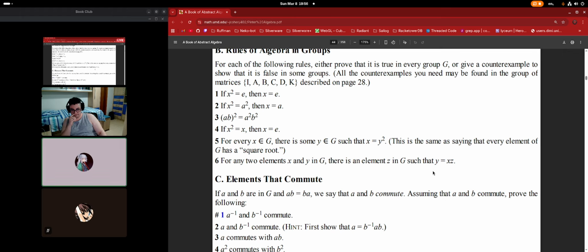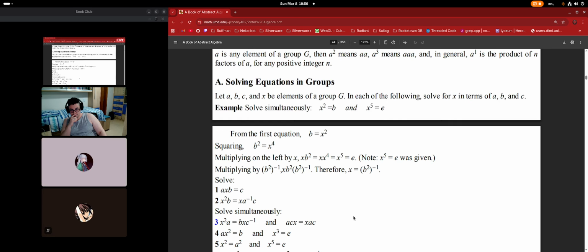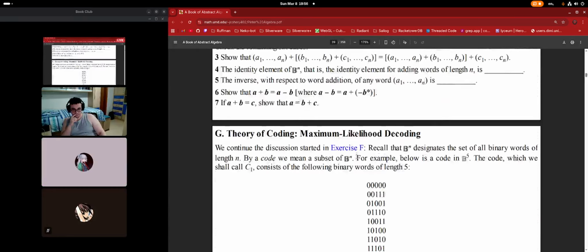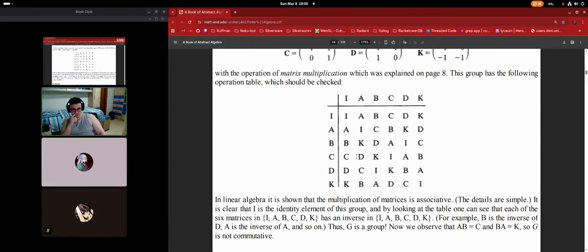For any two elements, where is the table? Yeah, here it is. For any two elements, there must be a third element that you can multiply by one to get the other.